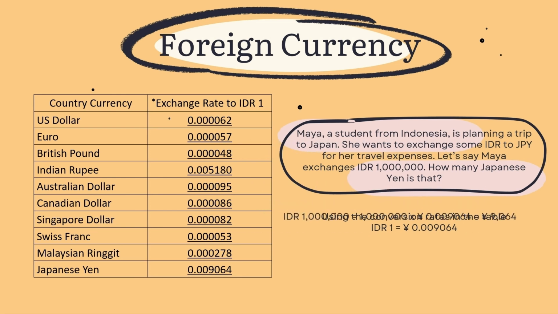So for a million Indonesian rupiahs, we just need to times it by the conversion rate. So 1 million times 0.009064 Japanese yen. So Maya will get 9,064 Japanese yen.